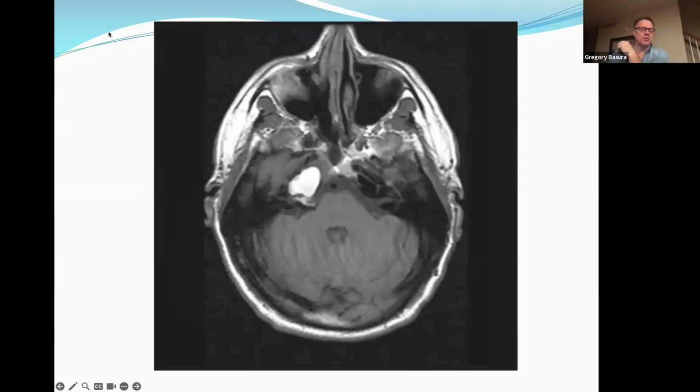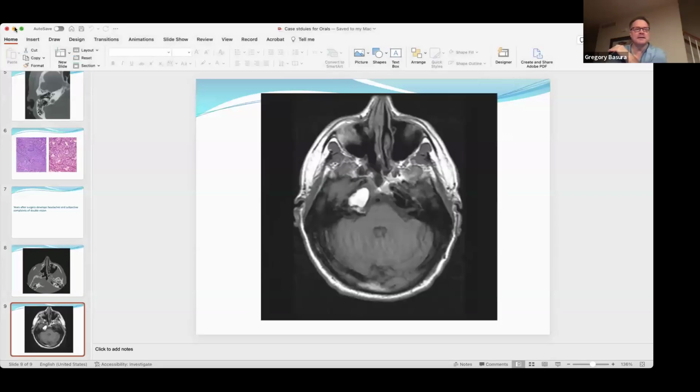So I don't have a coronal for you to show, but let's talk about if you can't go through the nose, what are some of the other options to get to it? Peter, you mentioned a couple of these. How can you access the petrous apex from a temporal approach, transmastoid approach?